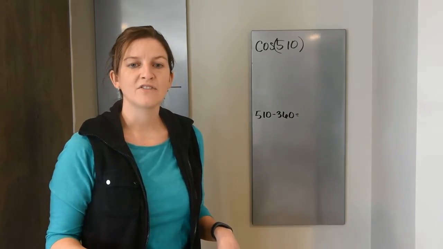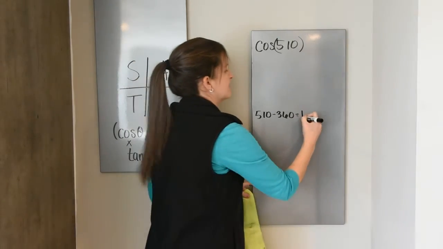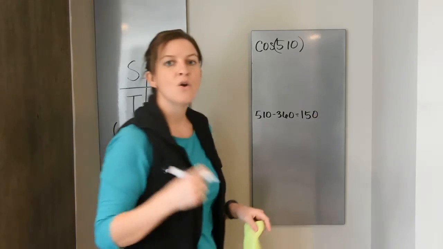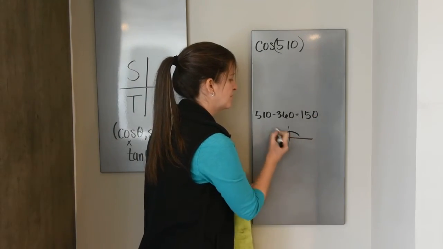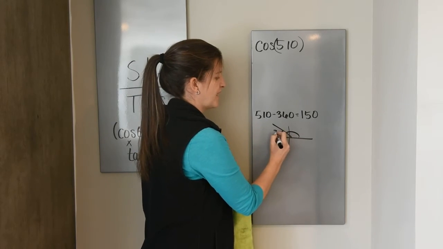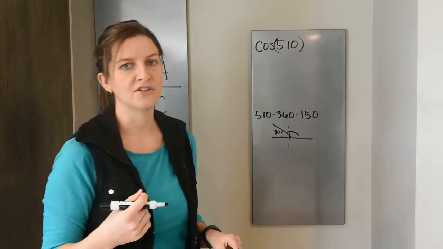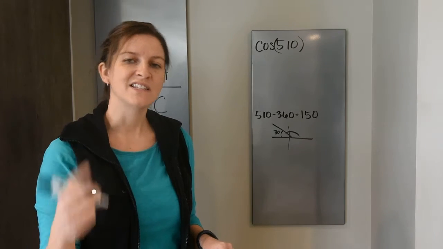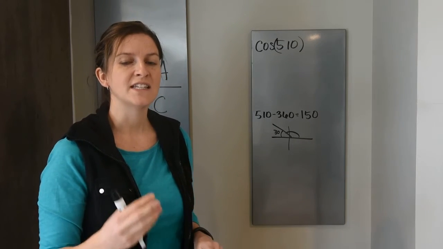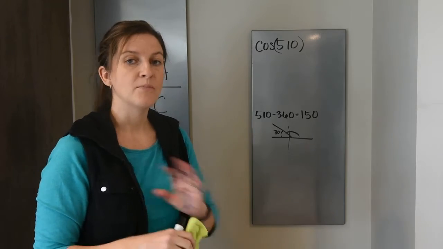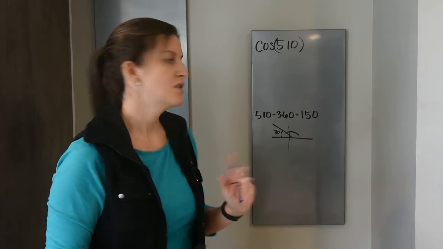When I subtract 360, I'm going to get 150. Okay, 150 is going to be in quadrant 2, right here, and you're going to have a reference angle of 30. Okay, so I still have the same reference angle as I did in my first examples, except now we're in quadrant 2. The process with your hand doesn't change.